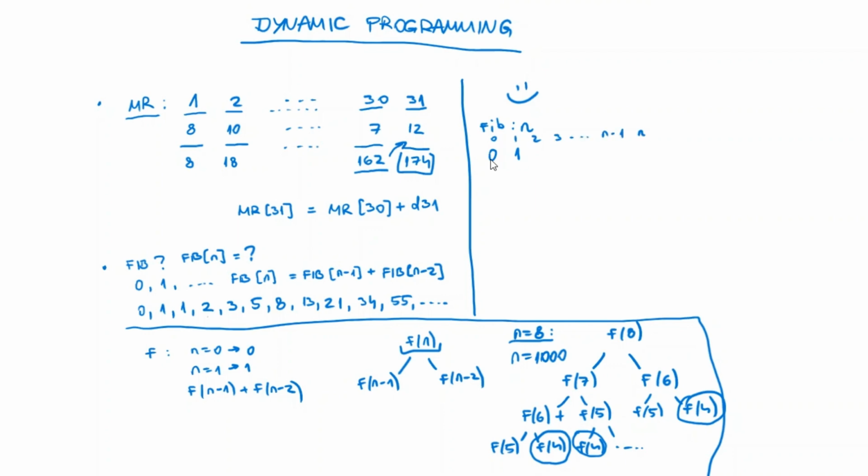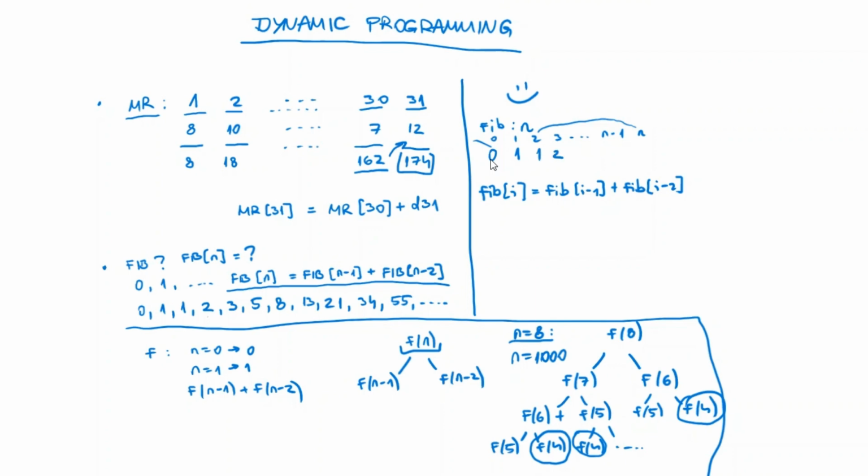And for each element from 2 up to n, we are calculating the element on index i using this formula. We know that 0 plus 1 is 1, 1 plus 1 is 2.